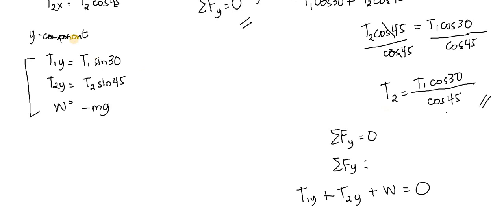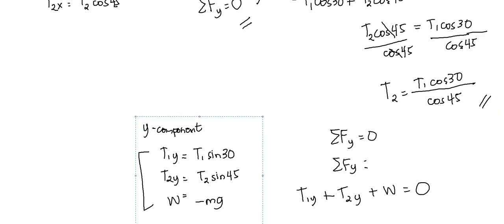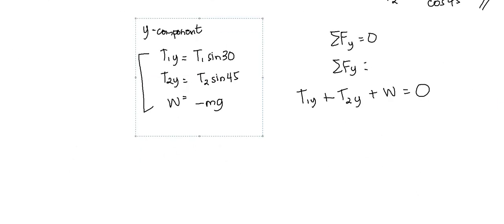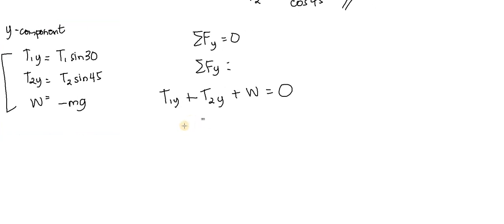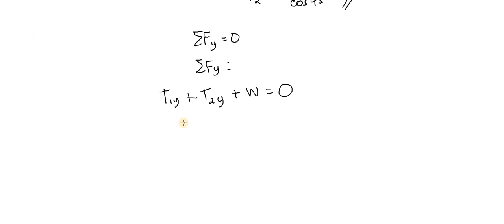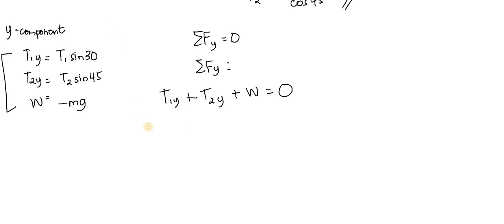Let's substitute the value. T1 sub y is positive t1 sine of 30 plus t2 sub y is t2 sine of 45. Weight is equal to negative mg, so that's minus mg equal to 0.